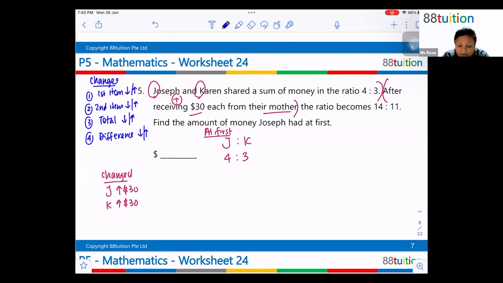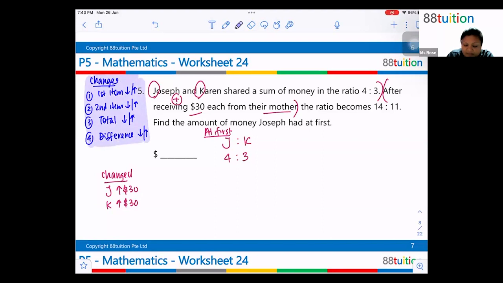Okay, now in this case, after receiving $30 from each of their mothers, Joseph received $30, Karen received $30. So the change will be Joseph's money increases, Karen's money increases. What other things increase? You look at this guide here.